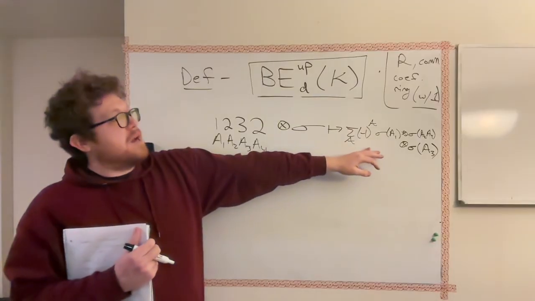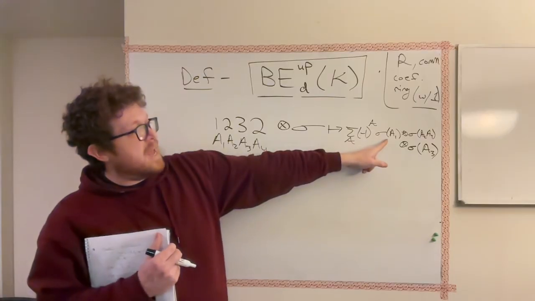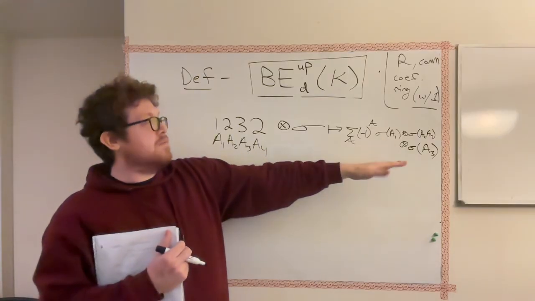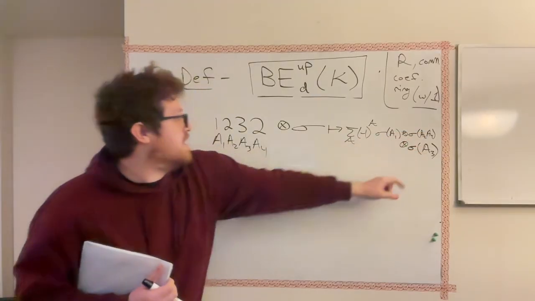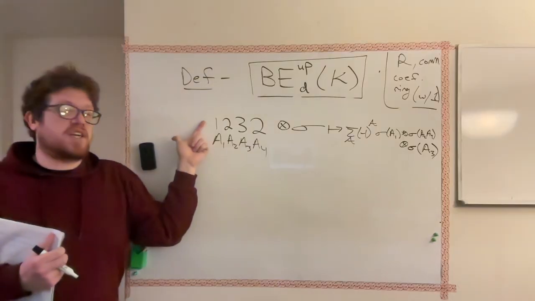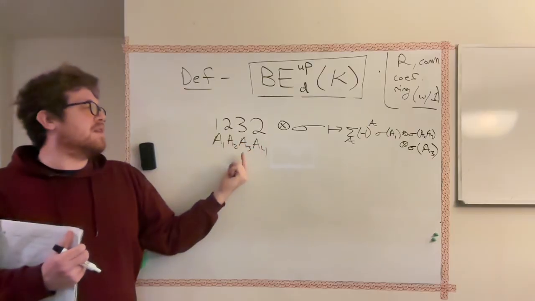Then we sum over all those possible overlapping partitions, and we stick the A_i in the position corresponding to whatever the surjection says. So A2 and A4 go into 2.